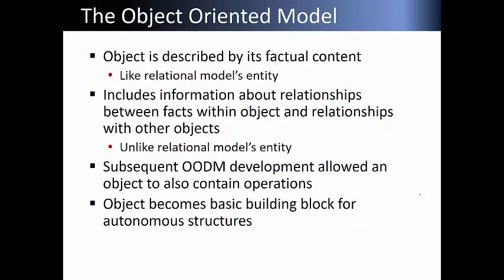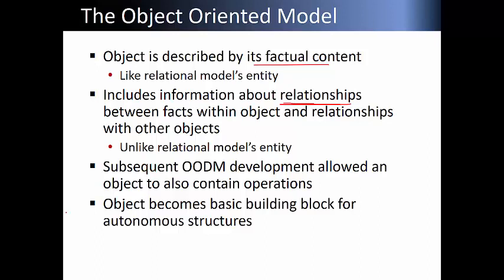An object has two features: structural aspects and semantic, or behavioral, aspects. Those should be implemented in object-oriented models. A table says factual content and also the relationships between the facts. These are structural facts, and then the relationships among those.